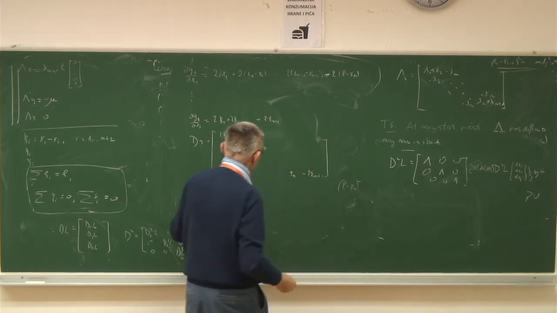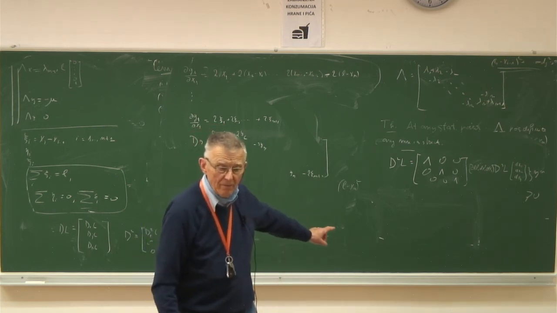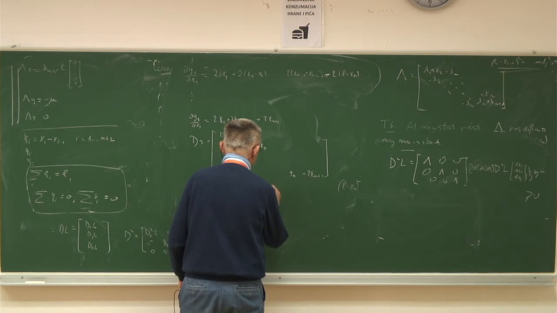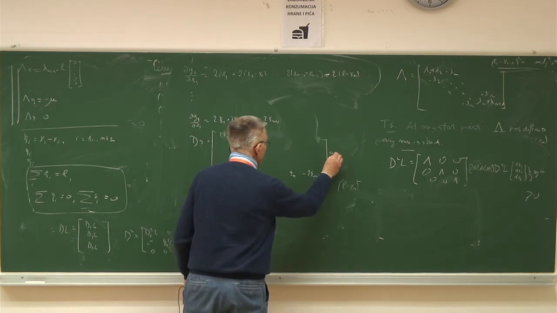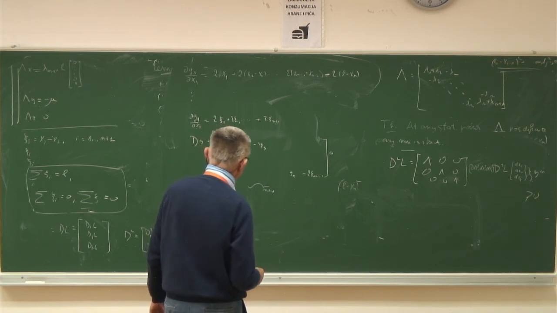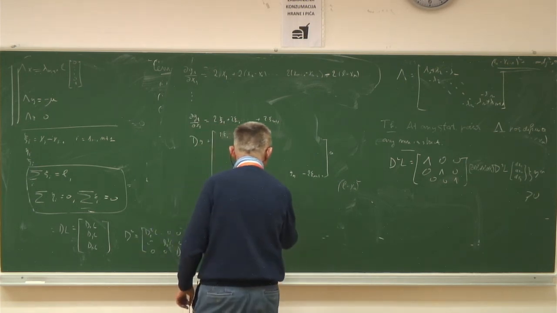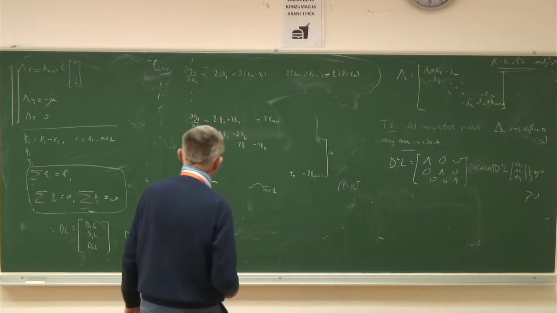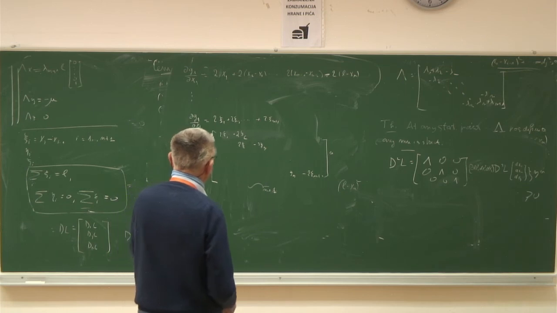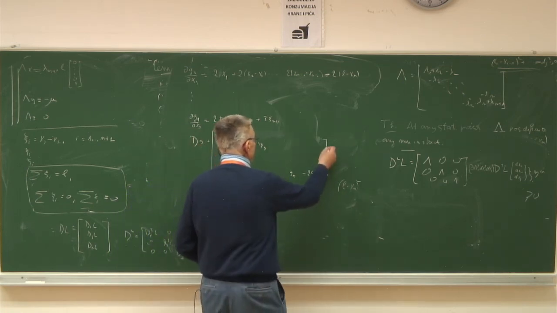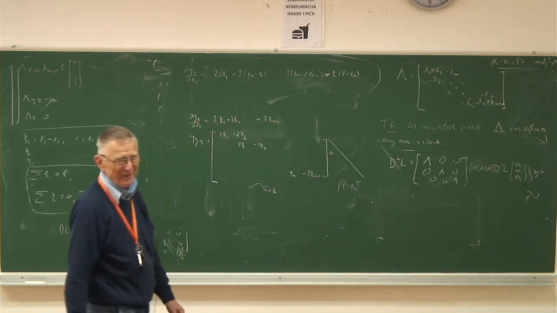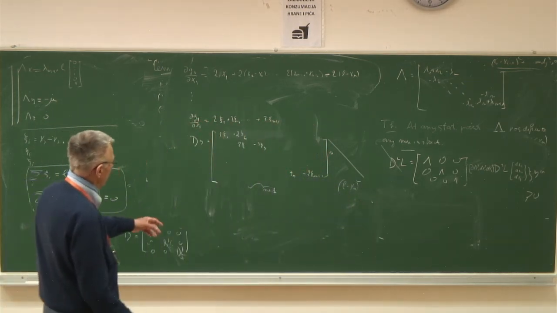This matrix has n plus 1 columns and n rows. Now you should add the y and z derivatives. It has 3 blocks.